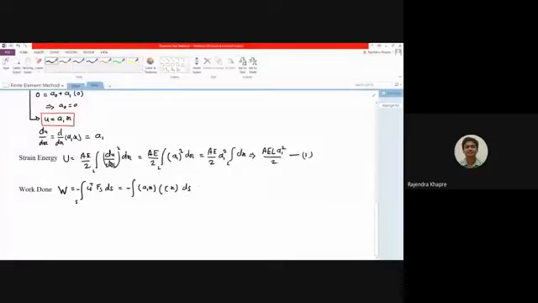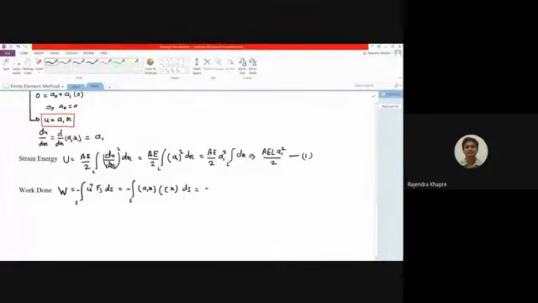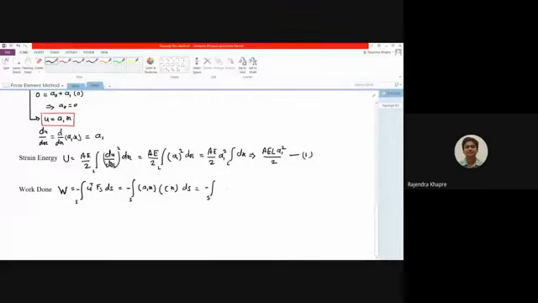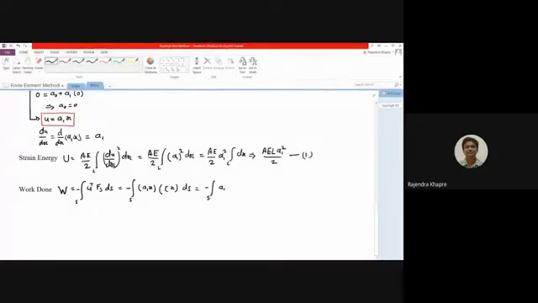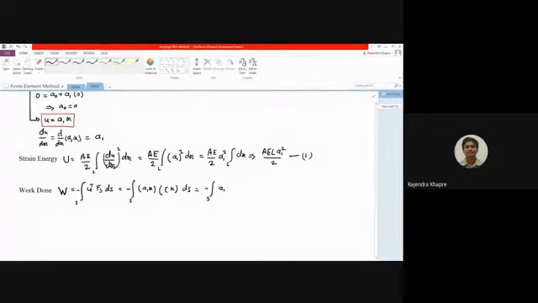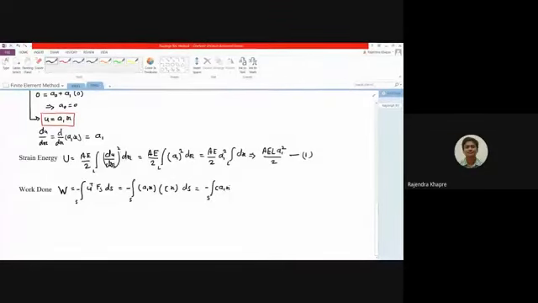Now this will of course be integration over the surface. If you go for the multiplication, you will have something like C, we have A1 into x square over ds.